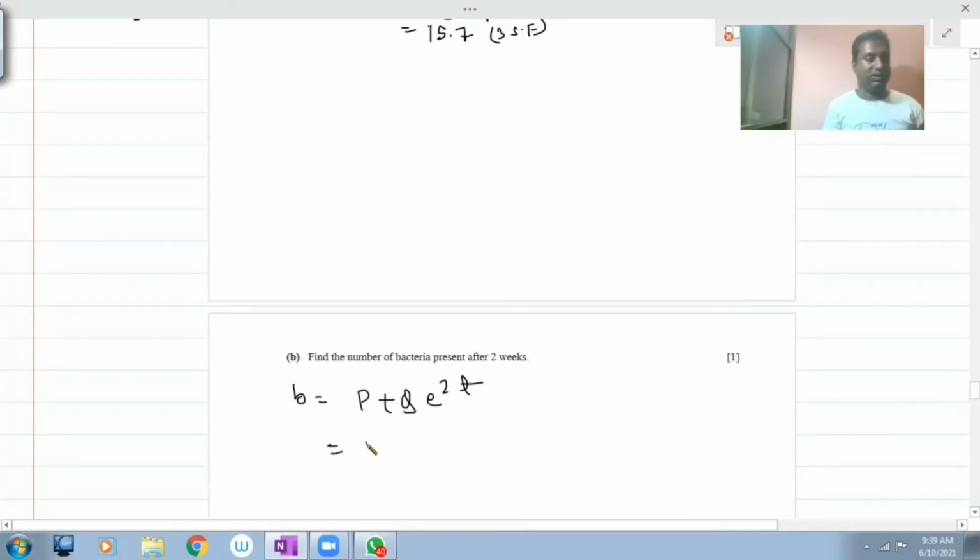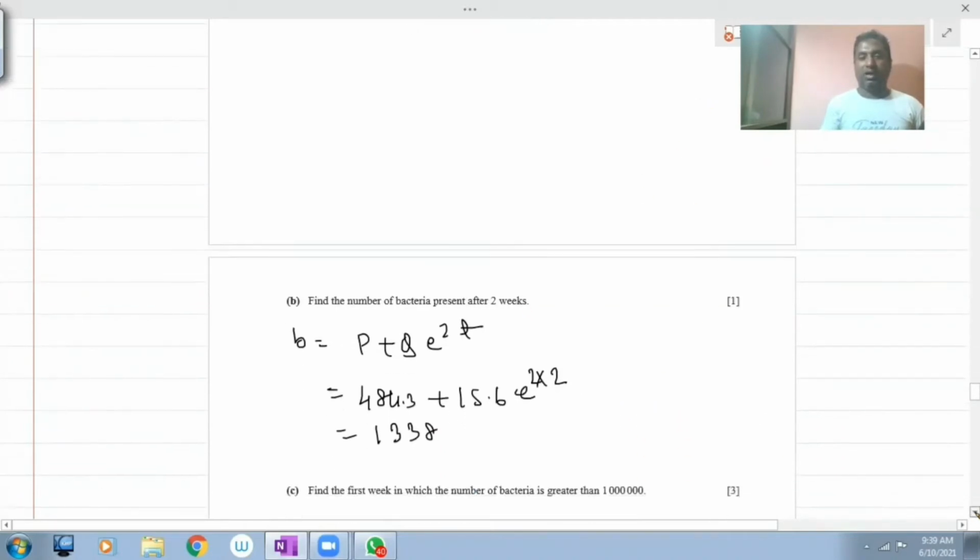So P is 484.3, Q is 15.6, e to the power 2 times 2, as 2 is 2 weeks. If you use a calculator directly and round it, you get 338. So we have done question B.